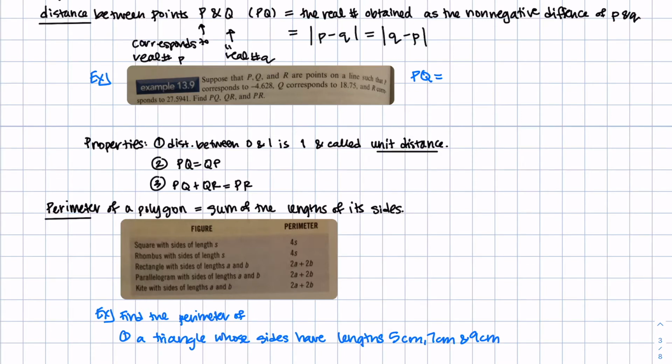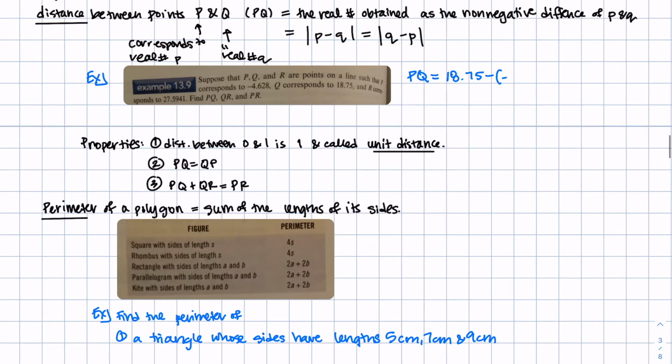That'll give us a negative value, so we're just going to switch the order, which is the same as taking the absolute value of the negative 4.628 minus 18.75. So we should get the same thing either by switching the order here or taking the absolute value.